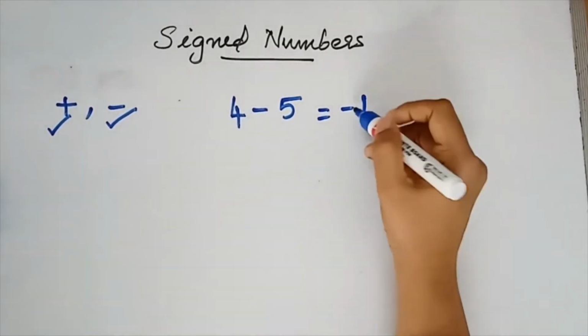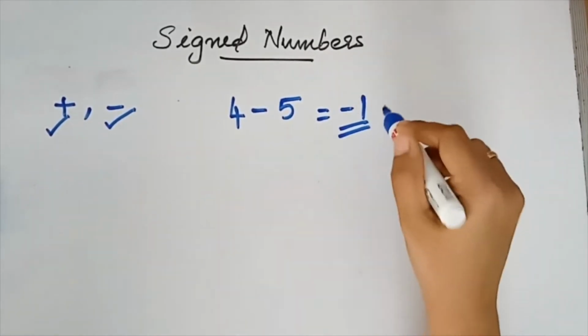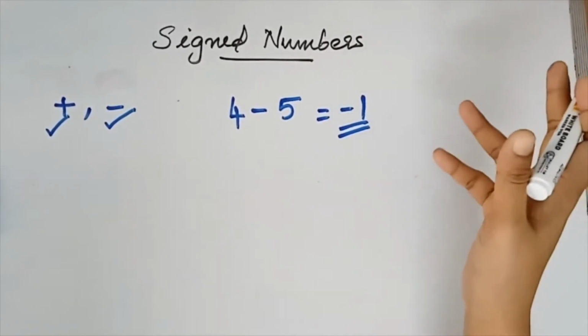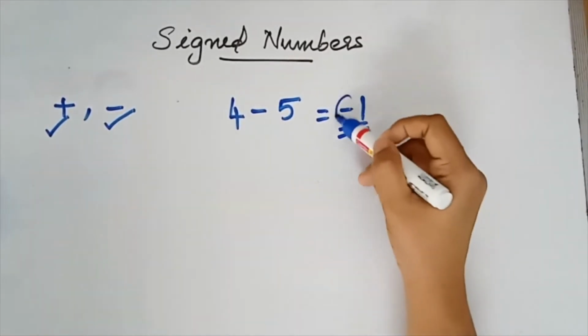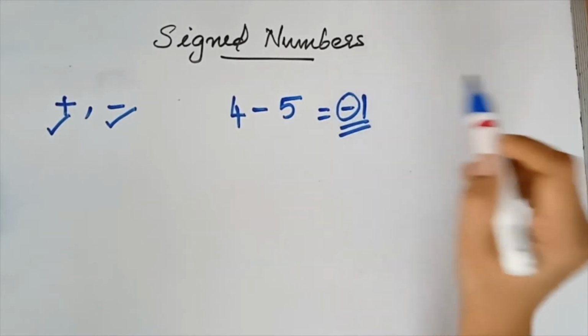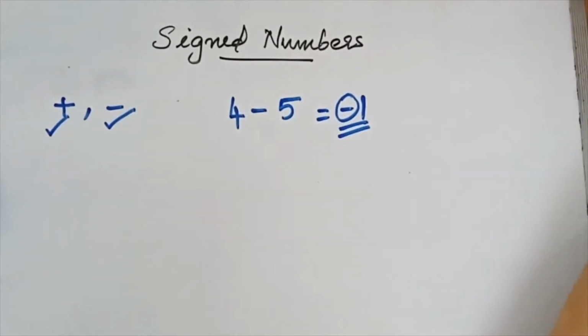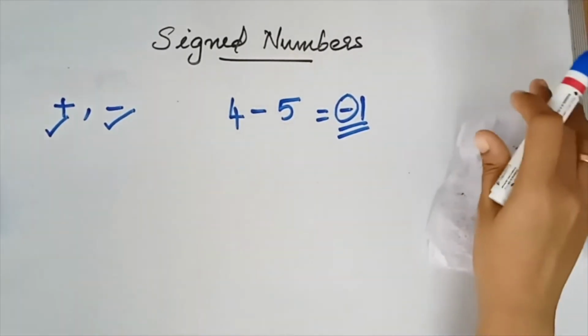Here the answer is negative. So how do we know that the answer is negative and not just 1? We need this sign. So in the case of subtraction, you need to know whether the number is signed or not.